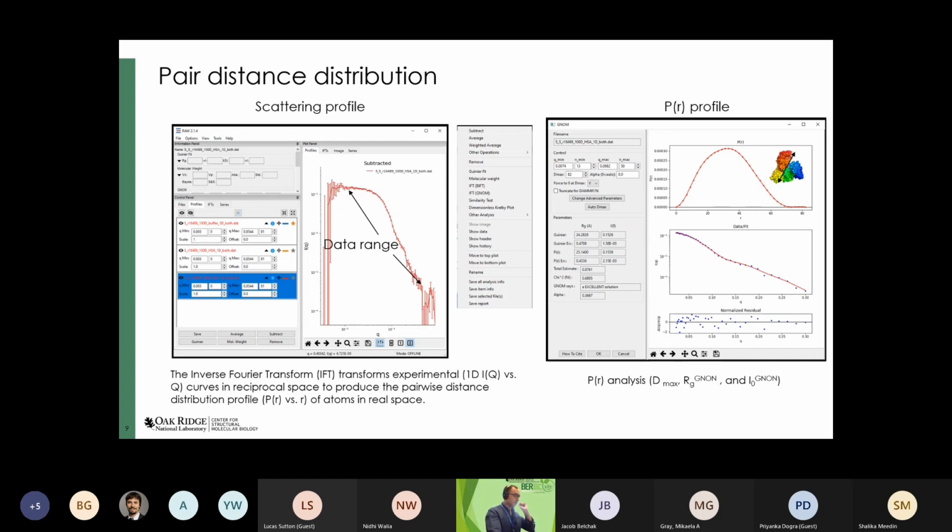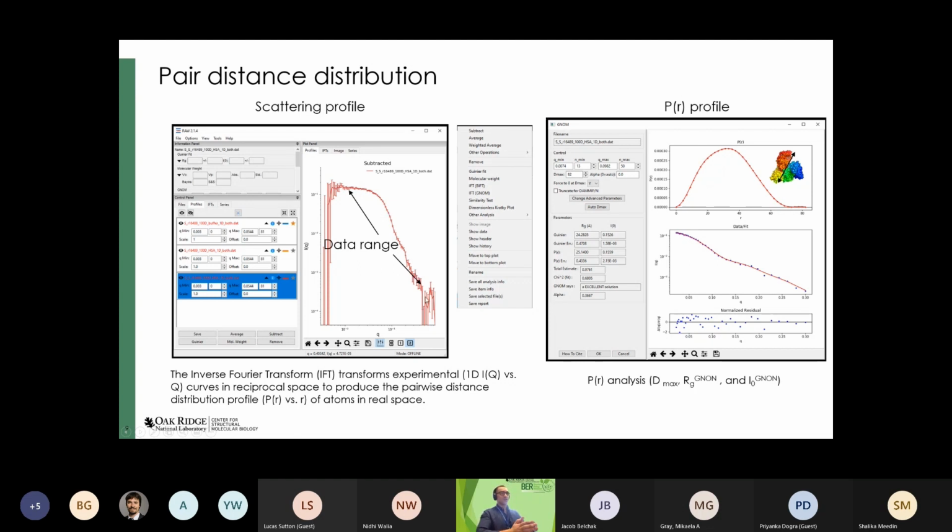So now the pair distance distribution is where we calculate the most probable distance at which you find two particles in space, in the radius. So here is the data range that you're going to cover.